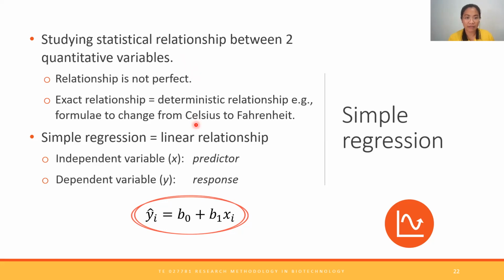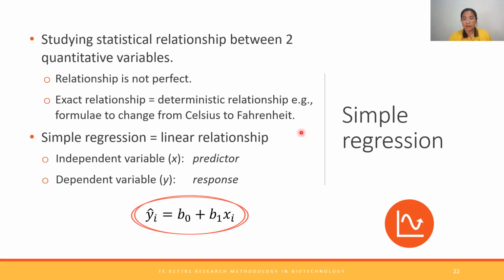The exact relationship does not normally happen. But there are some exact relationships, for example the exact formula for changing Celsius to Fahrenheit, which has some form of equation and is exact. But most of the time, especially in our experiments, the relationship is not perfect.